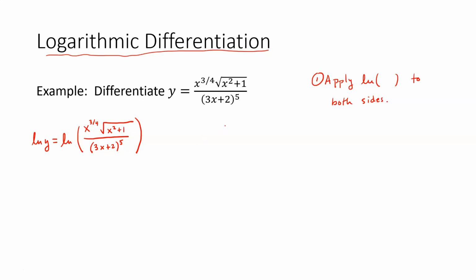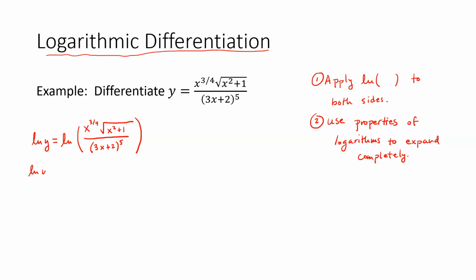So before I take any derivatives, though, now I want to use the properties of logarithms that allow me to expand this expression out completely, as far as we can go.